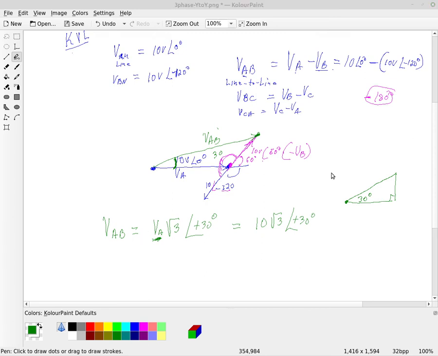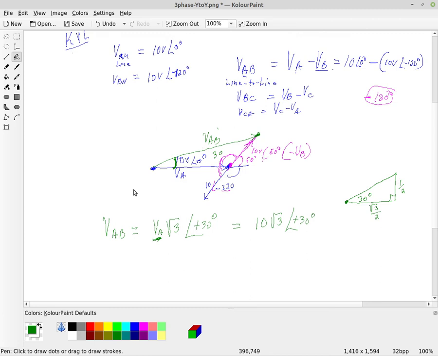With a 30-degree angle, let's say the magnitude of the hypotenuse was 1, then the adjacent side would be the square root of 3 over 2, and this side would be 1/2.